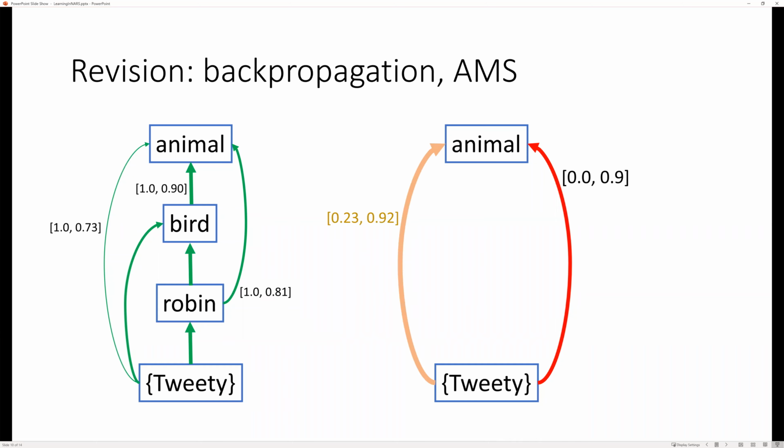A straightforward treatment, of course, is to do a revision between this one and this one according to the revision rule, which we already know from the previous slide. So you get some kind of weighted average, because this one has a higher confidence value than this one. Then in the conclusion you see the frequency is more negative than positive.